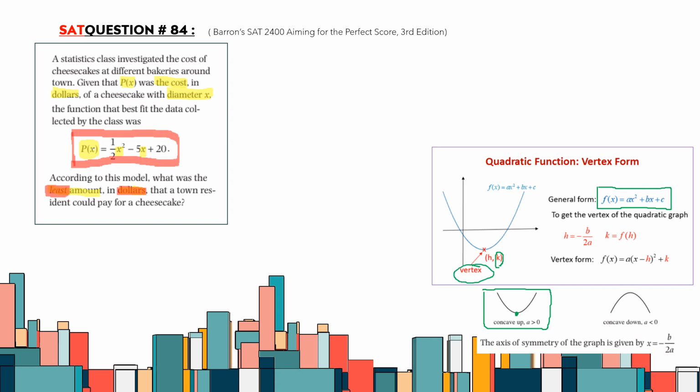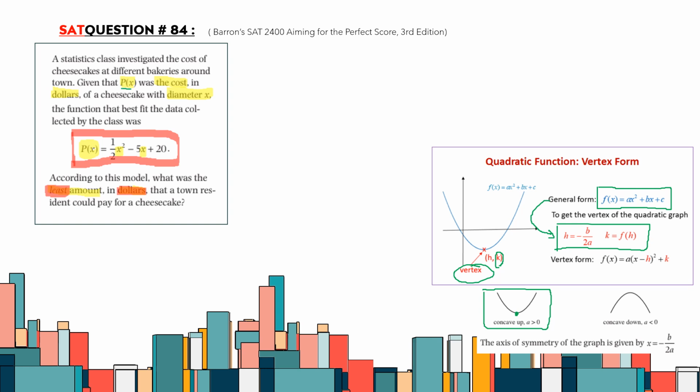So we have to find the vertex. To find the vertex, with the general form, we use this formula, and then we're done. This is the fast way to solve a problem.